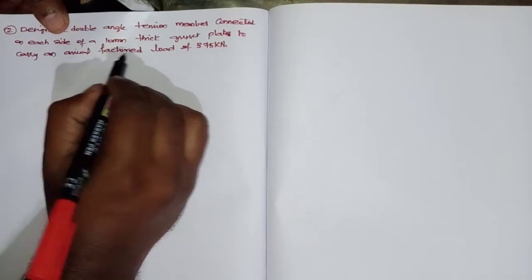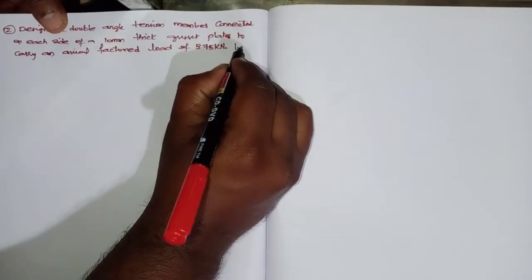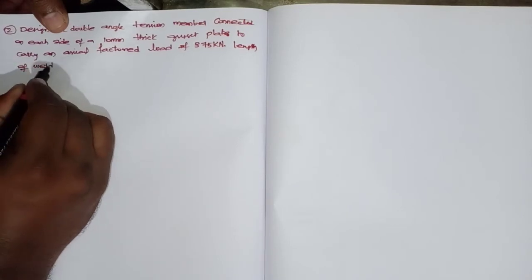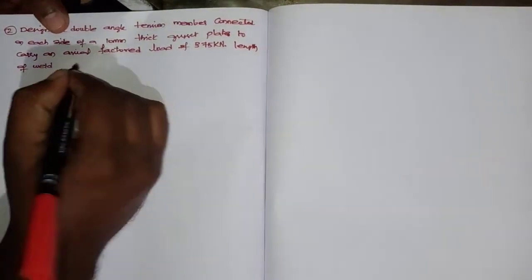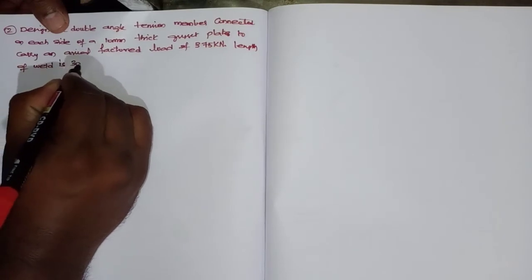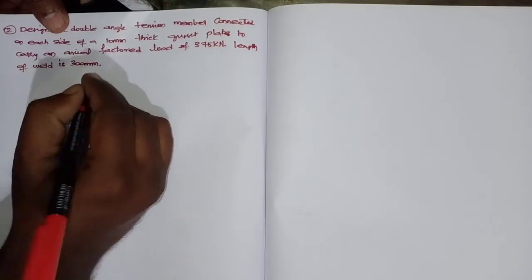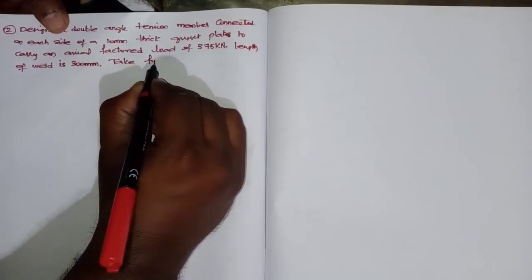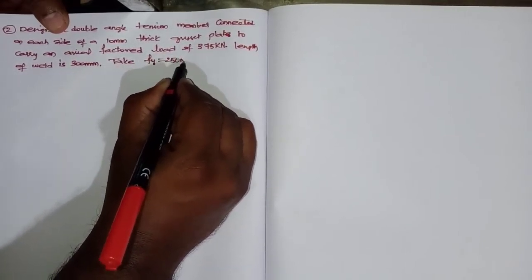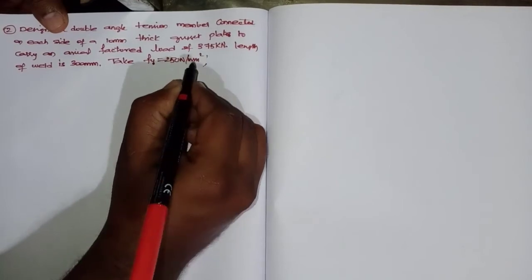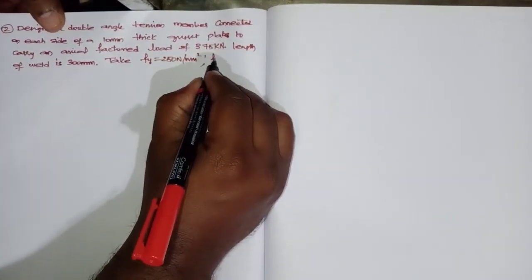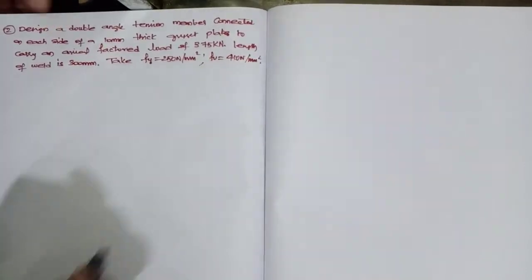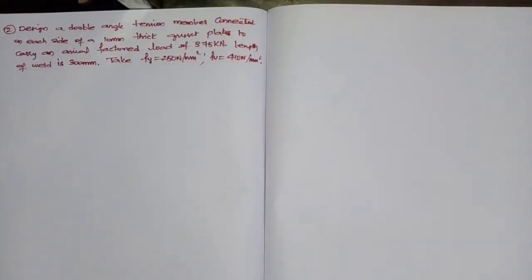Again they have mentioned the factored. Length of weld is 300 mm. Take Fy as 250 Newton per mm square and Fu as 410 Newton per mm square. So this is the given data.